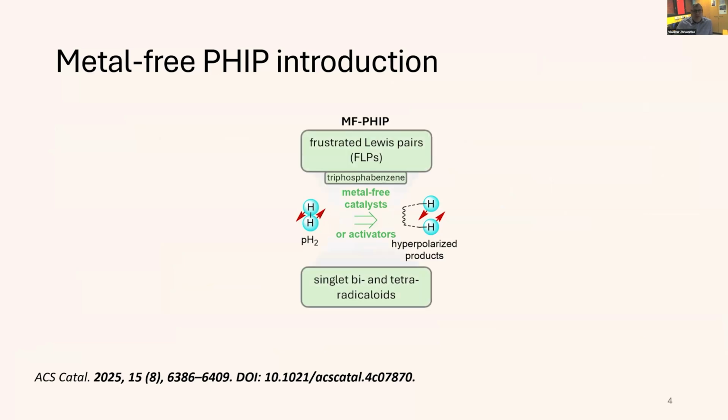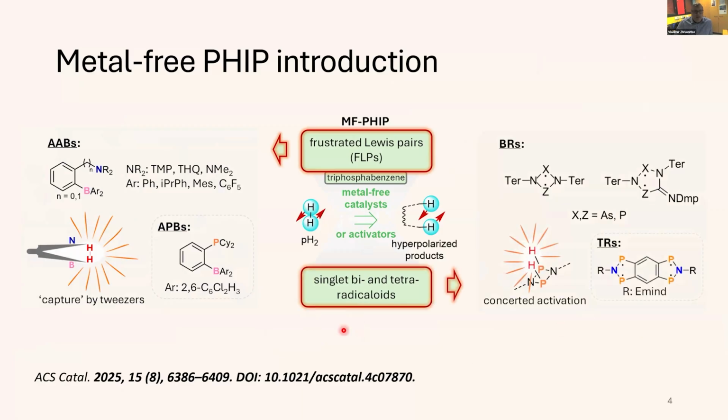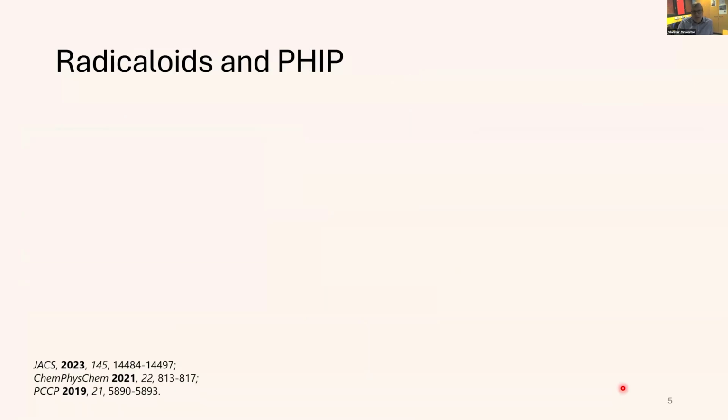They include two main classes, frustrated Lewis pairs represented by various ansa-aminoboranes and ansa-phosphinoboranes. And also there are bi- and tetraradicaloids, another important class of such compounds that can activate parahydrogen, and we can observe hyperpolarization effects.